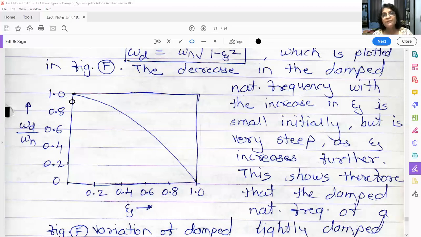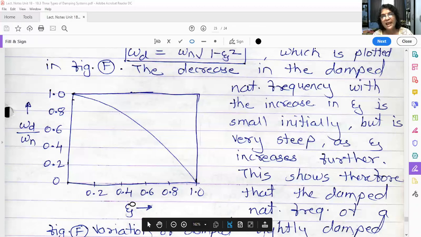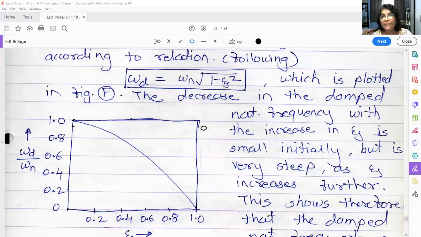Now see, if we put different values of zeta into this equation, we get a graph like this. What do we mean by this? That means as zeta increases, omega d decreases. In this fashion, omega d decreases not linearly. It is a square root of 1 minus zeta square, so it is a parabolic reduction.